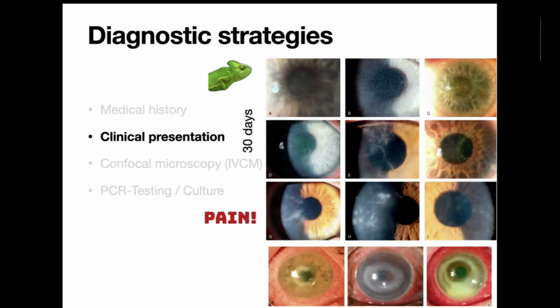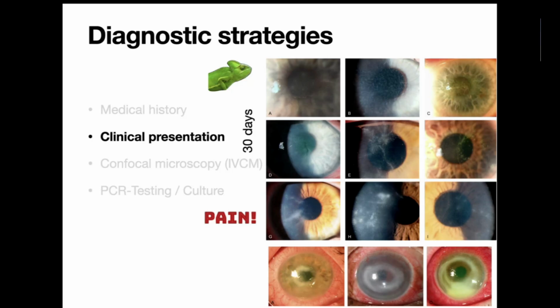And if you follow the patient for a period of 30 days or 60 days, then you will see that characteristic features arise, and that is the main problem, as the diagnosis is made a little bit too late, or can be made too late if the ophthalmologist is not experienced and possibly does not know this rare disease.